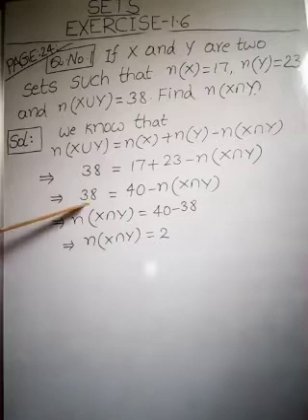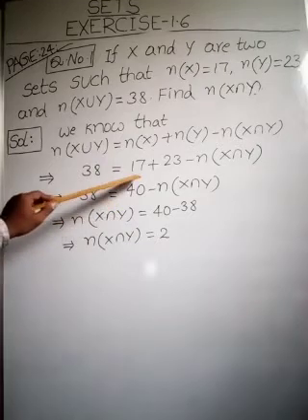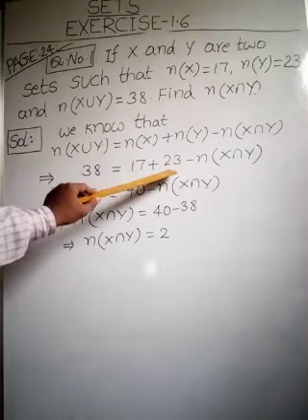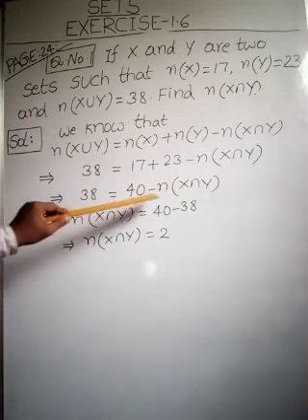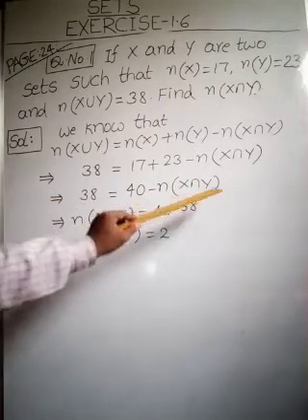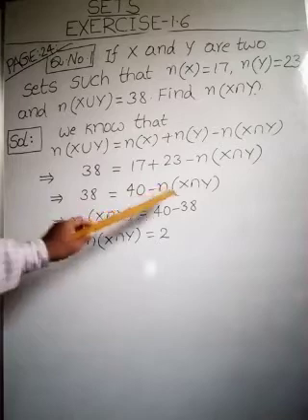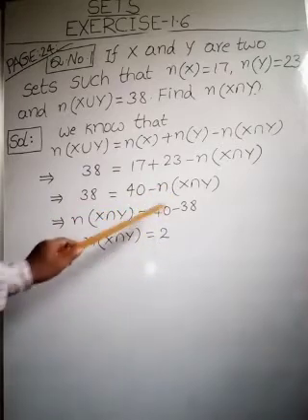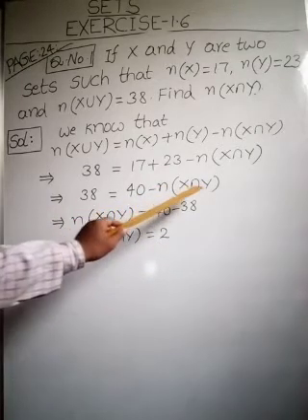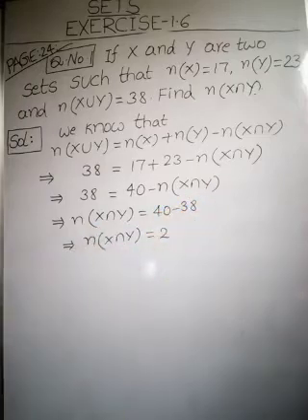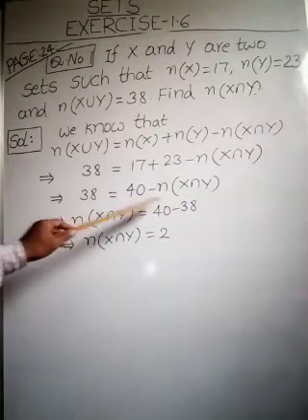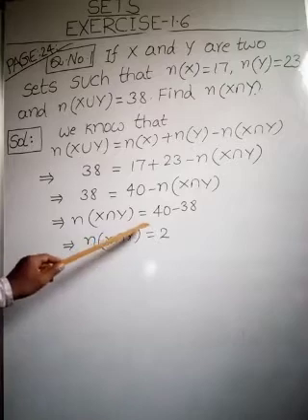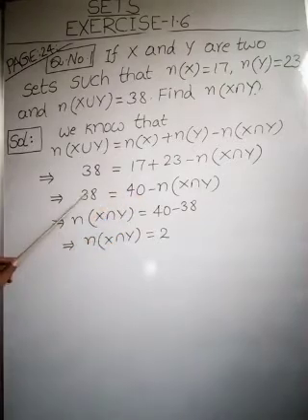This implies 38 is equal to 17 plus 23. What will you get here? 40 minus n of x intersection y. Now we have to solve this equation to find the value of n of x intersection y. This implies n of x intersection y is equal to 40 minus 38.